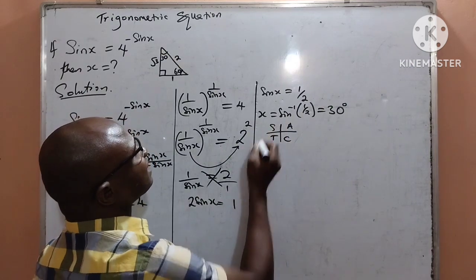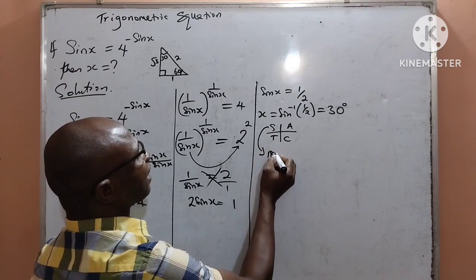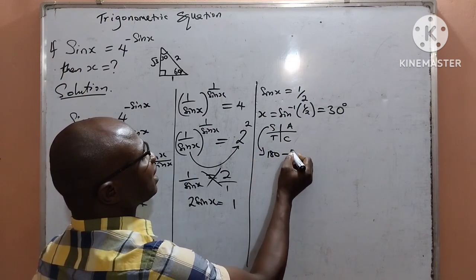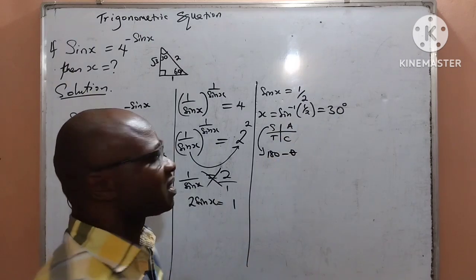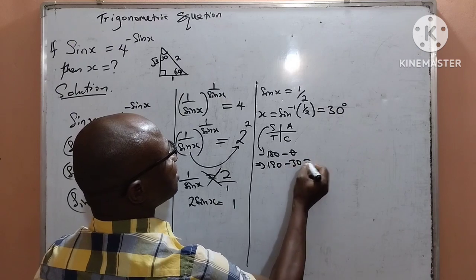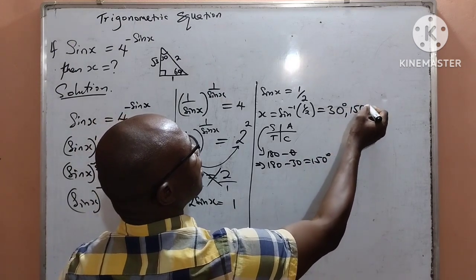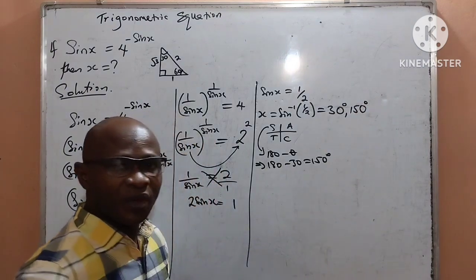The second answer from the second quadrant is going to be 180 minus the angle gotten from the first quadrant, which is 180 minus 30, equal to 150 degrees. This is the second value of x.